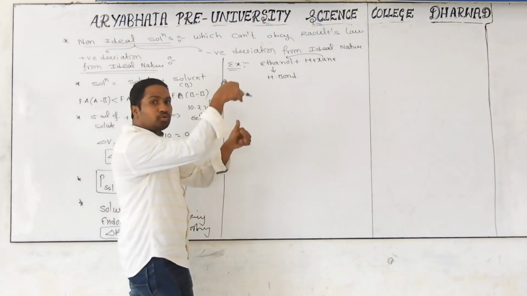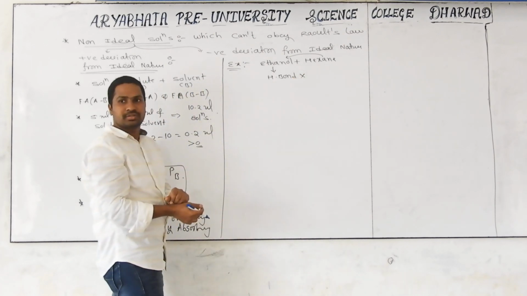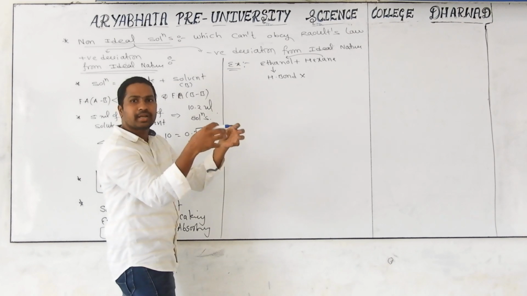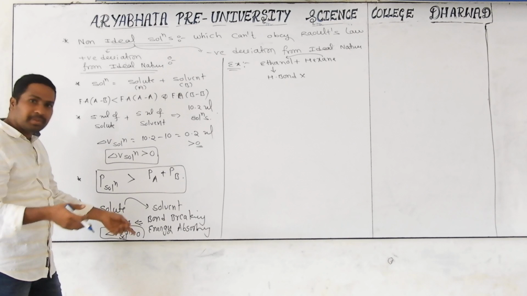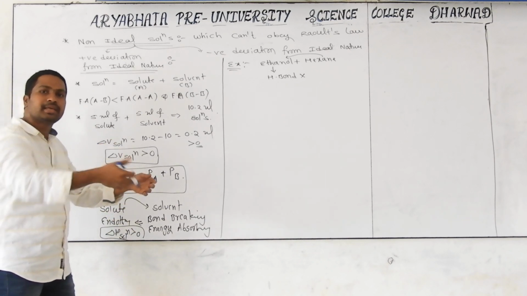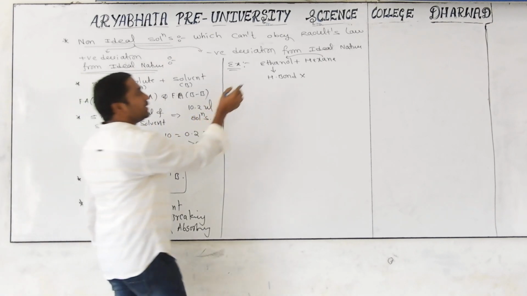But hexane wants to dissolve, so it has to break down these bonds. After the bonds break down, the force of attraction between them will be less. Breaking of bonds means energy is taken in. That's why it's the best example.